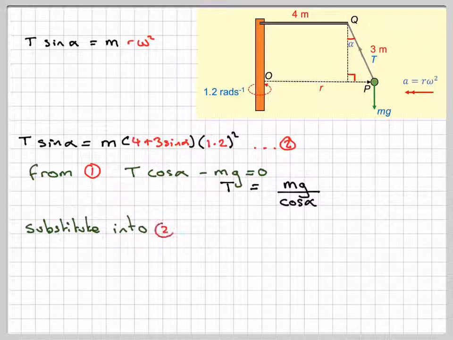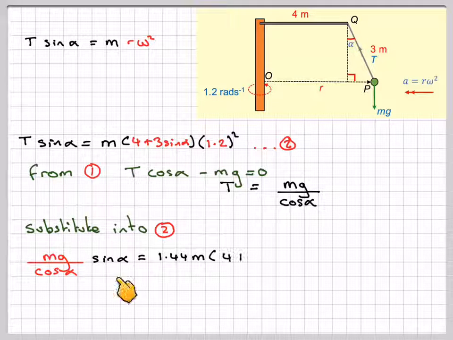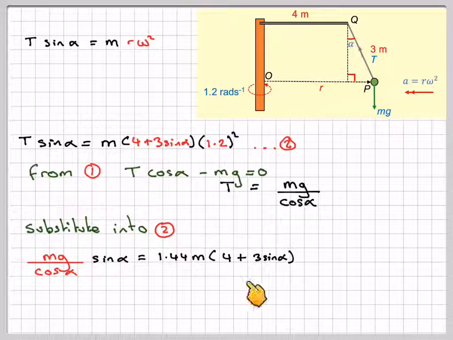Substituting into equation 2, we have mg over cos alpha times sine alpha equal to 1.44, that's 1.2 squared, times m times 4 plus 3 sine alpha. Now the m's will cancel out, so the answer will not depend on the mass of the rider or the chair.